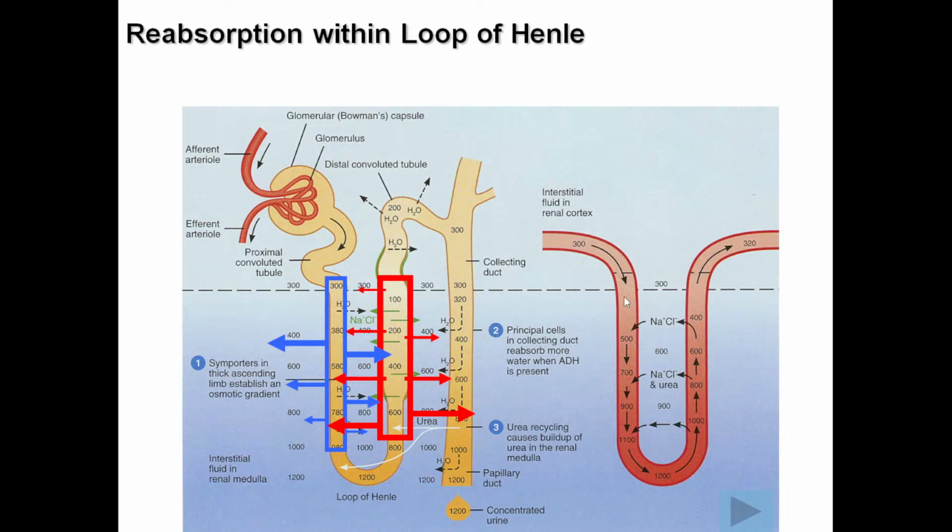So, in the descending vasa recta, solutes diffuse into the plasma from the interstitium and water leaves by osmosis. Blood reaching the renal papilla is highly concentrated, and in the ascending vasa recta solutes diffuse back out into the interstitium and water enters by osmosis.